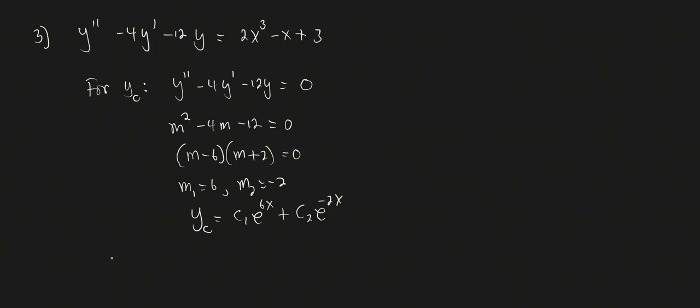So our educated guess for y sub p is, let me write it down. Like I said, it would have to be another third degree polynomial for us to get a third degree polynomial out.